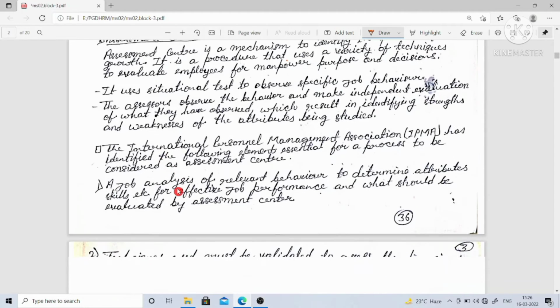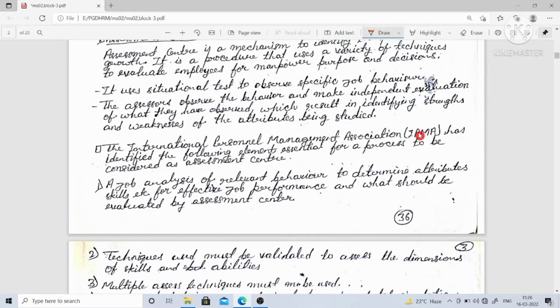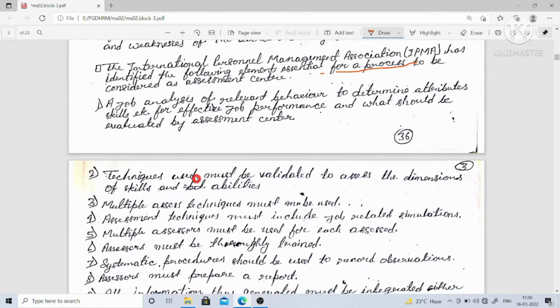The International Personnel Management Association has identified the following elements essential for a process to be considered an assessment center. Any process of assessing the individual will fall into the category of assessment center if the following elements are present.